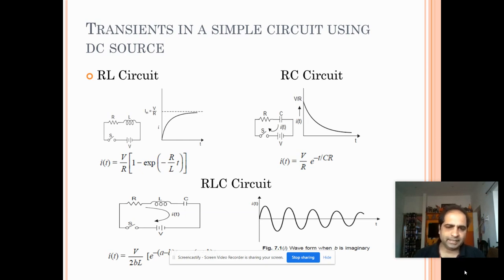Also for the RLC circuit, the three elements R, L and C are fed with a DC source, and the nature of i(t) versus t is as shown in the diagram, and the formula for calculating i(t) is as given in the slide.